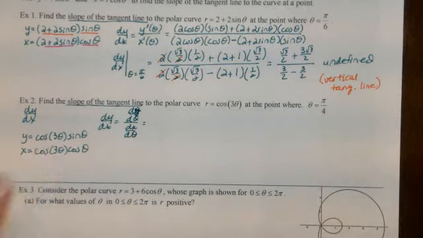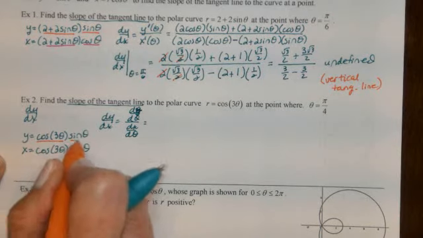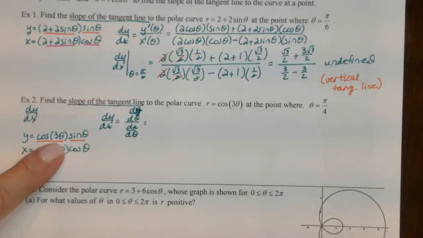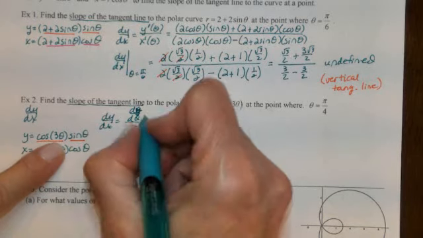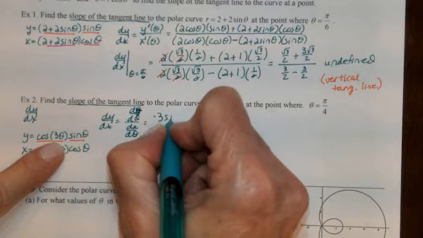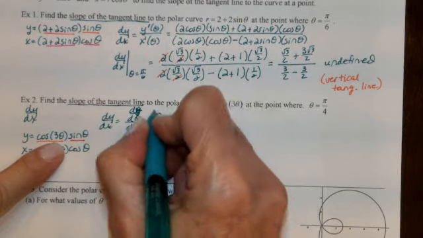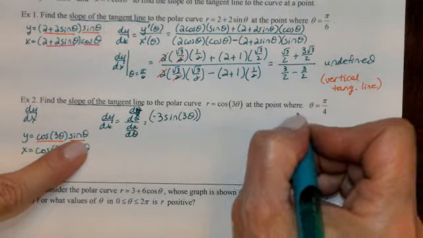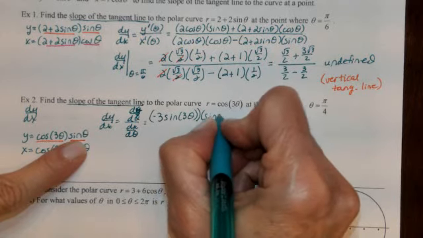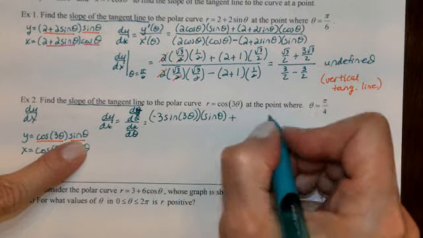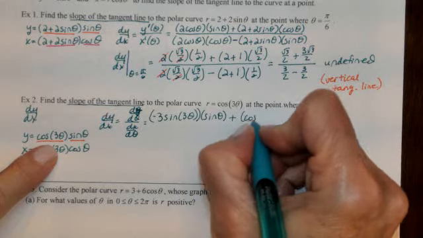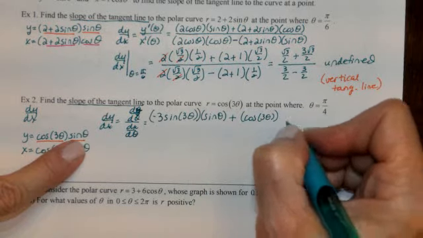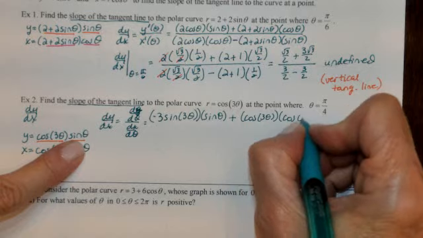Okay? So a product rule, right? Because we have a product of 2 functions. The derivative of cosine of 3 theta is negative 3 sine of 3 theta, times sine theta, plus, now we're going to leave cosine of 3 theta alone and multiply by the derivative of sine theta, which is cosine theta.